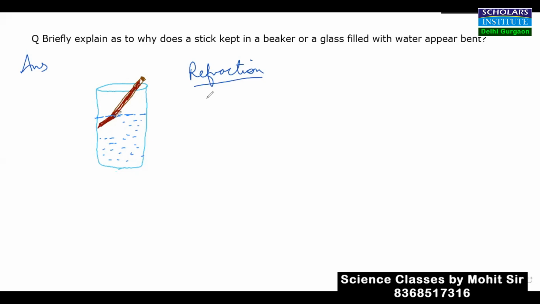The light is coming from water to air. Water is optically denser and air is optically rarer.